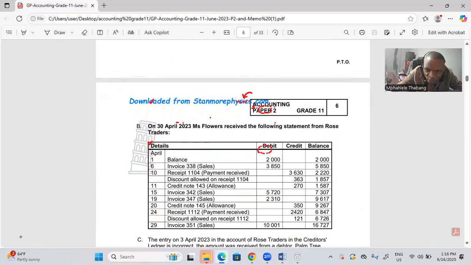On the 10th, the supplier shows that we paid. There is a payment which has been received, and this amount is credited with 3,630. This is the payment received. Now they are saying a discount allowed is 363. So let's compare these two and check.